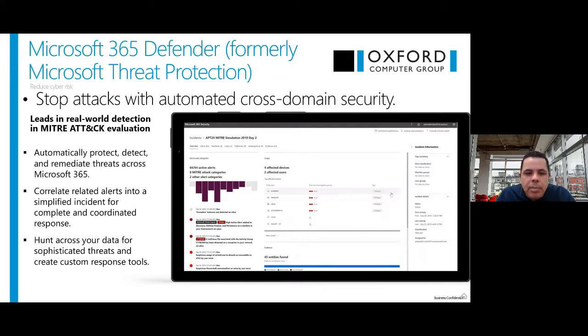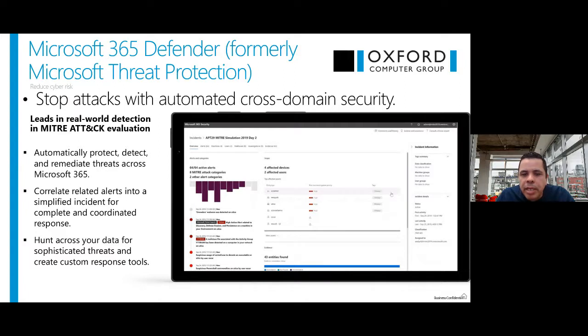And it does that by providing this holistic visibility and automation across the different workloads that are being deployed in a typical Microsoft 365 environment. As we mentioned, identity, apps, devices, and data. And Microsoft actually conducted a test to test the capabilities of Microsoft Defender.